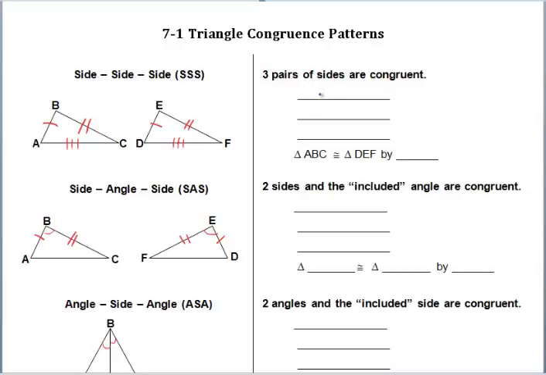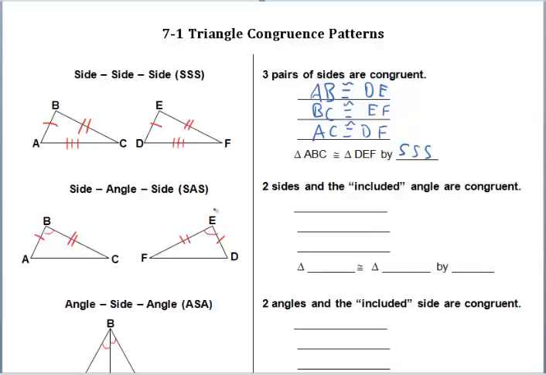So I can list those out: AB is congruent to DE, BC is congruent to EF, and lastly, AC is congruent to DF. Since those three pairs of sides are congruent, triangle ABC is congruent to triangle DEF by side, side, side.